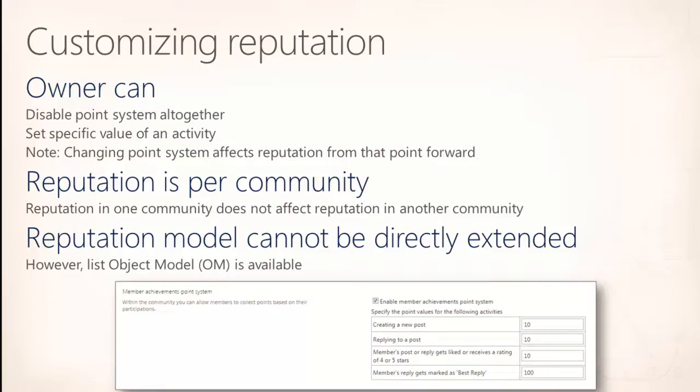They set specific values for an activity. So there at the bottom of the page you see, in this case, you get 10 points for creating a post, 10 points for replying, 10 points for having a member like one of your posts, so either a reply or a root post. And you get a whopping 100 points if one of my replies is marked as the best answer to somebody's post.